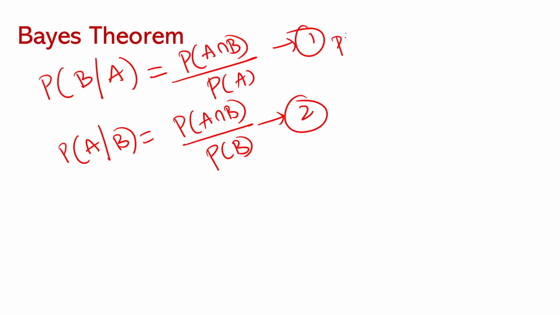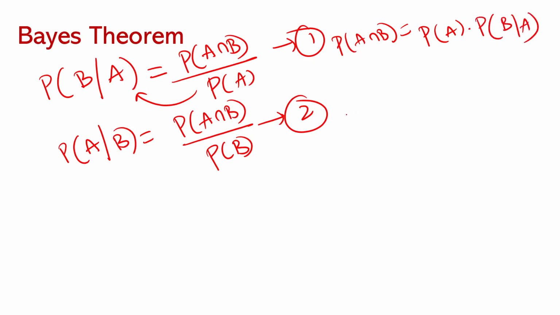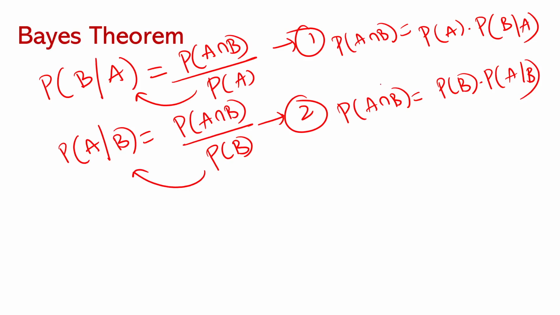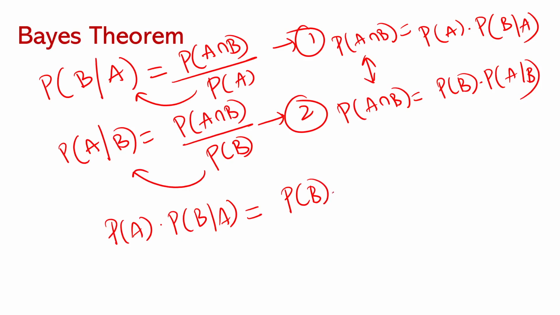From this, if I take this part to this side, P of A intersection B becomes P of A into P of B by A. Here also, P of A intersection B becomes P of B into P of A by B. Now if I equate this, you see both are equal, A intersection B. So P of A into P of B by A is nothing but P of B into P of A by B.